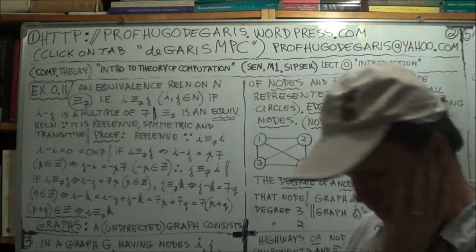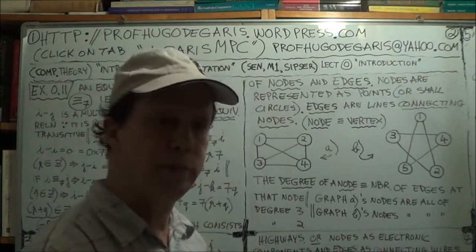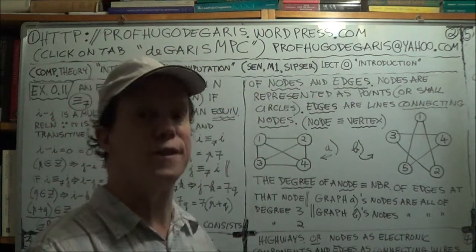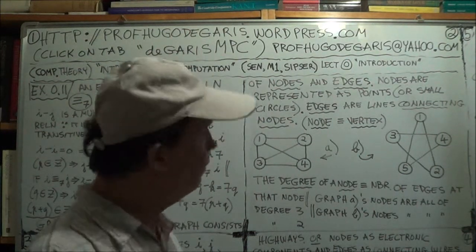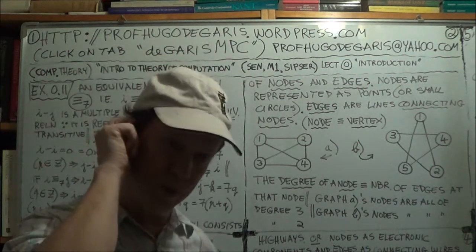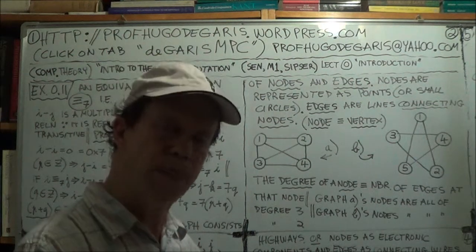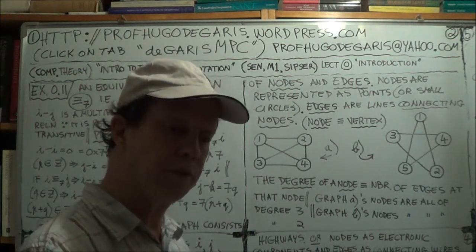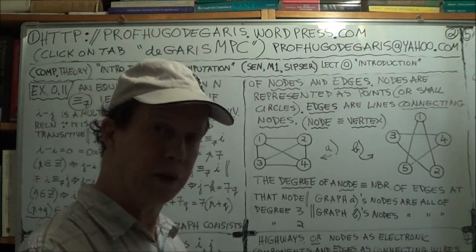All right. Now, expect a whole bunch of definitions in regard to graphs. Firstly, those little dots, those points, get their own label, and the lines connecting two points also get their label.